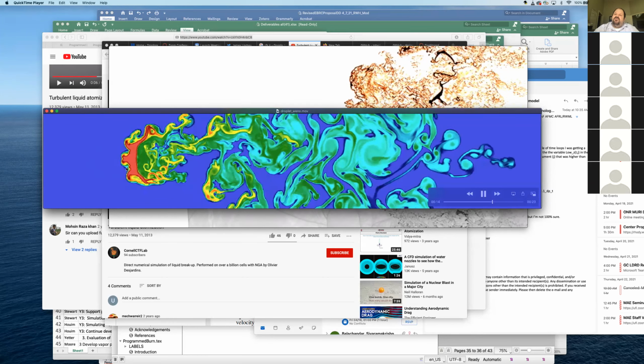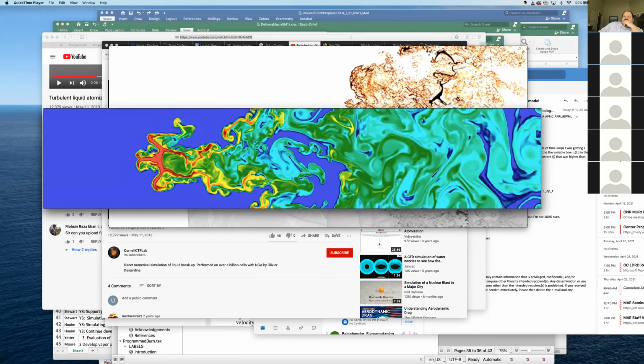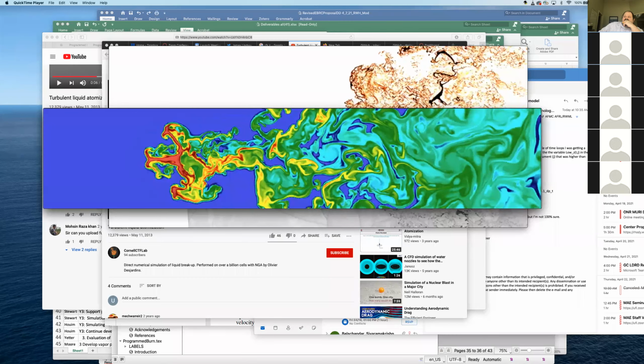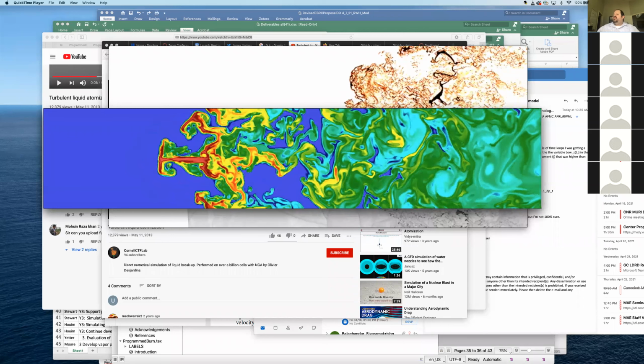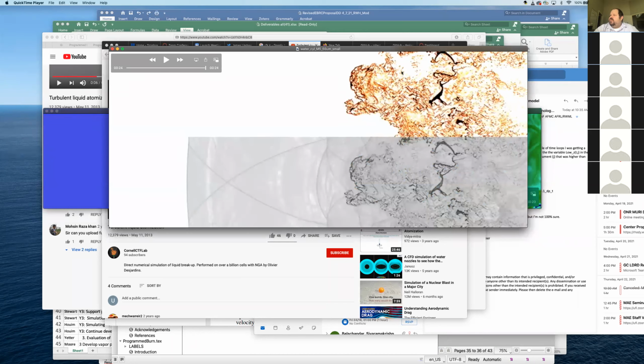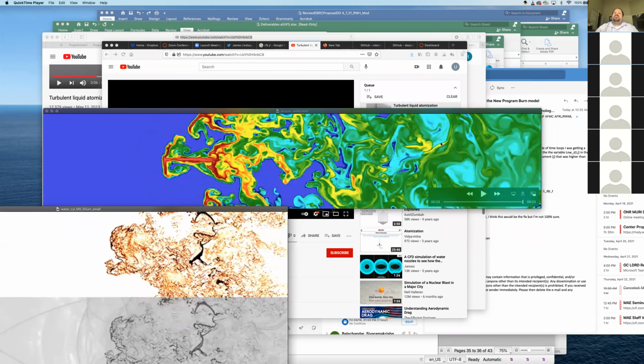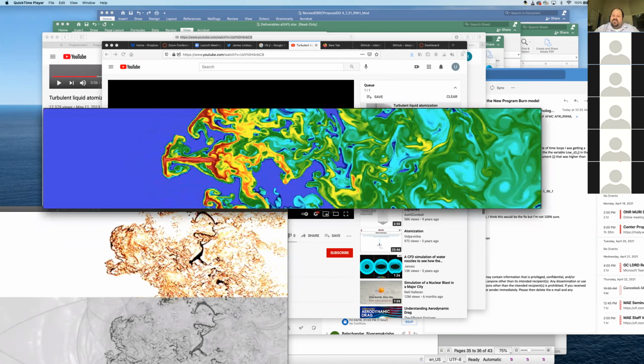The interface itself is becoming very smeared out. It's not very sharp. It's getting the bulk dynamics right, but all the fine details, like all these small little droplets, are being smeared out just due to how diffuse that method is. And it's even in the name, diffuse interface method.